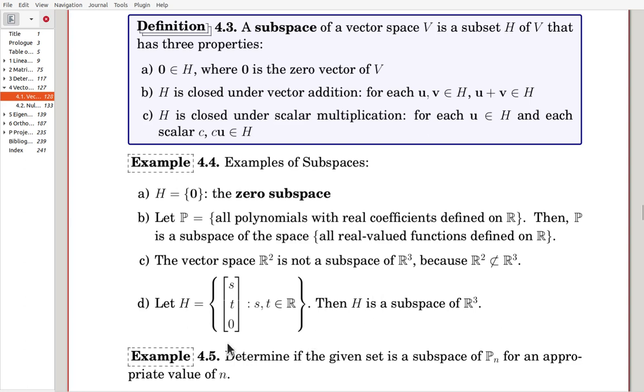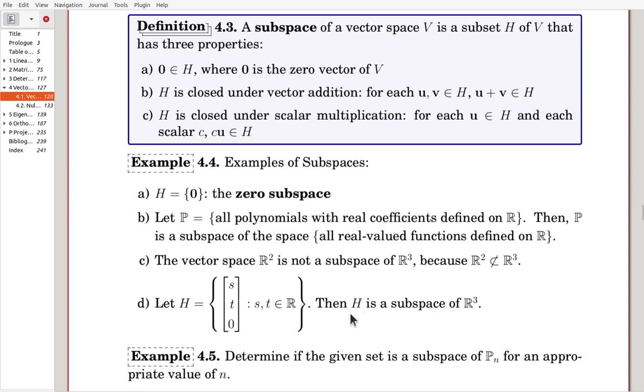However, if you define H as the set of vectors (s, t, 0), with 2 components and the last one 0, in 3D that will occupy the flat plane with z direction 0. Then this set is a subspace of R3.